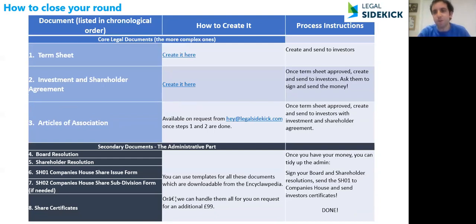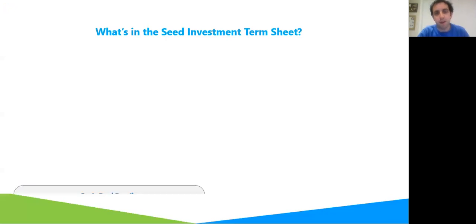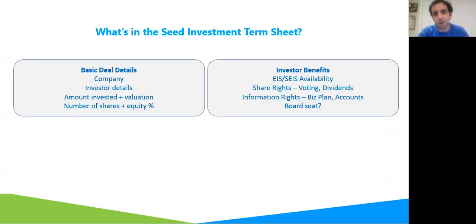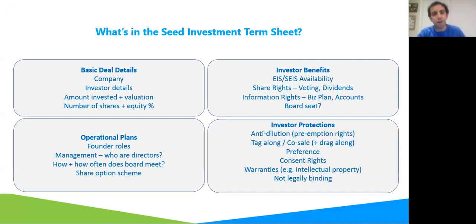All being well, they'll agree to what's in there. And then you say, okay, we'll now follow up with the investment and shareholder agreement for you to sign and send us the money. They might have questions on it. If I look at these points and ask what your angel investor is going to ask about, they might ask in particular about the consent rights, because they want to make sure that we have a level of control over how this is working.